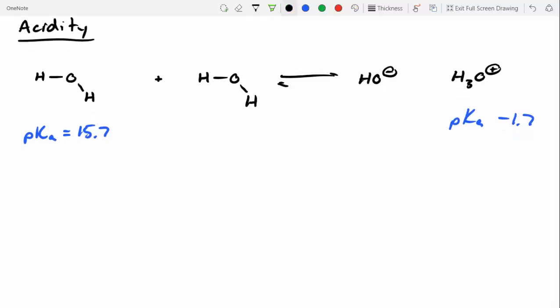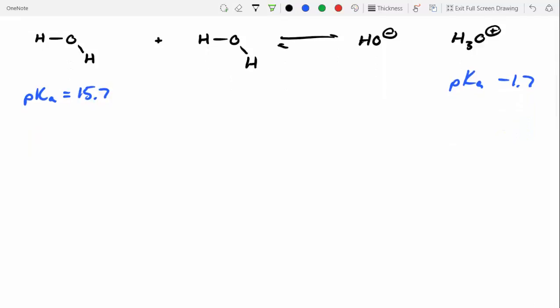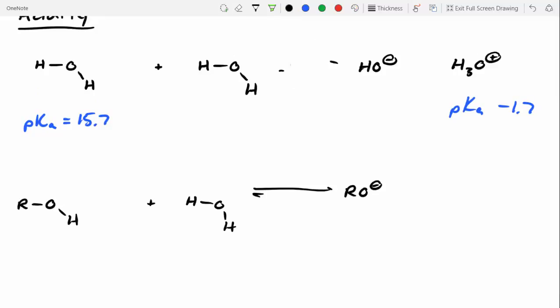Alcohols are similar, where if we use a functionalized alcohol instead of water, and we have it react with water, the equilibrium's still going to favor the starting material side. What's that? Oh, shoot. Thank you. Good catch. There we go. It should be very little on the product side. Thank you.